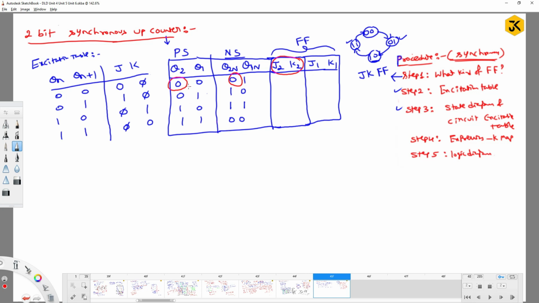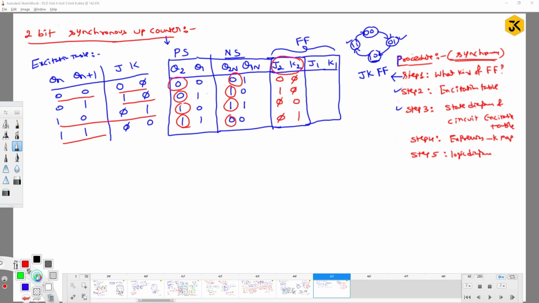If it is 00, you have 0 and don't care. If it is 01, you have 1 and don't care. If it is 11, it should be don't care and 0. If it is 10, it should be don't care and 1.